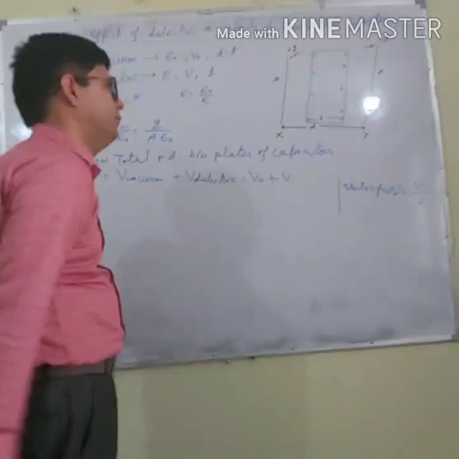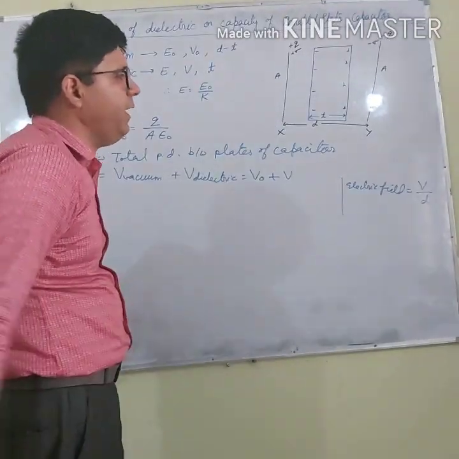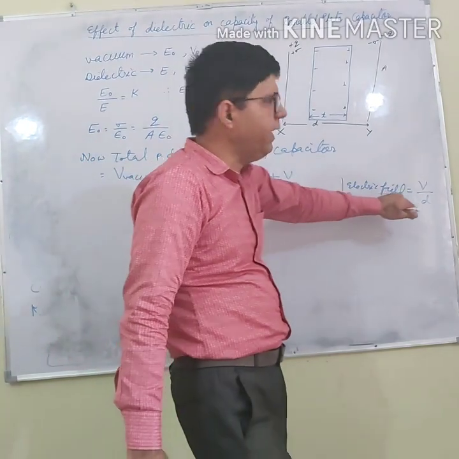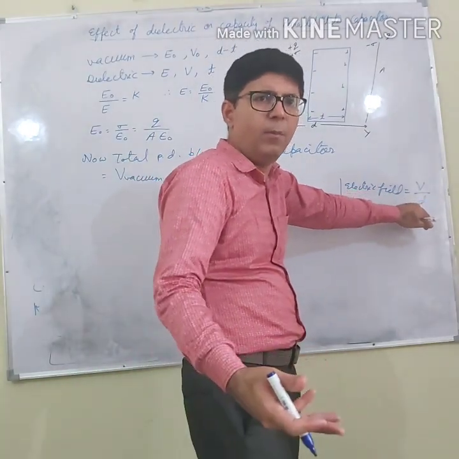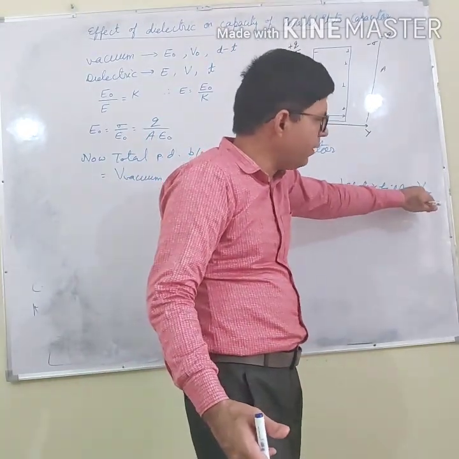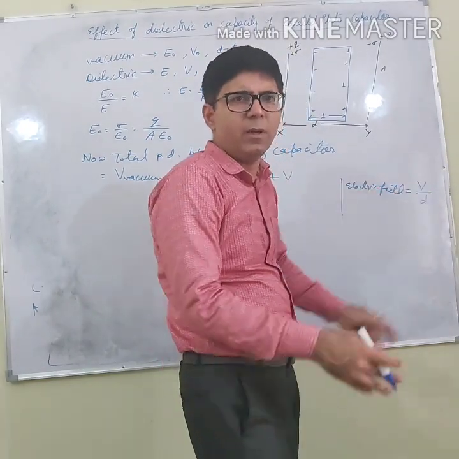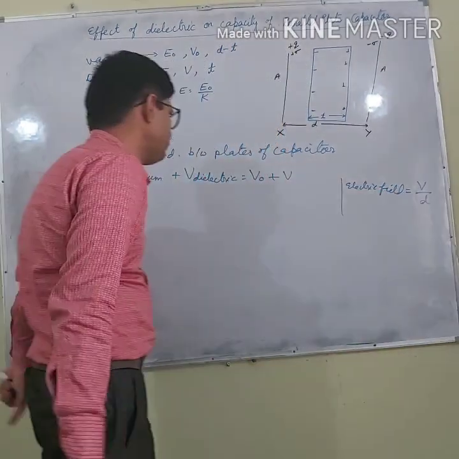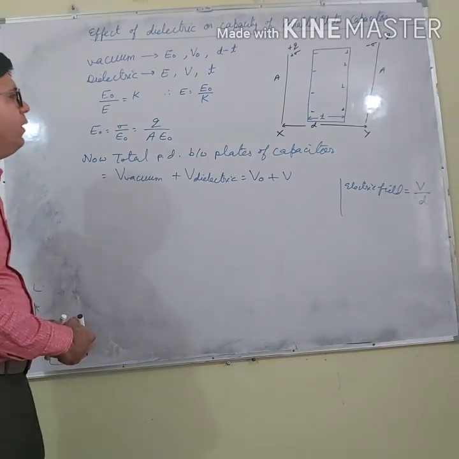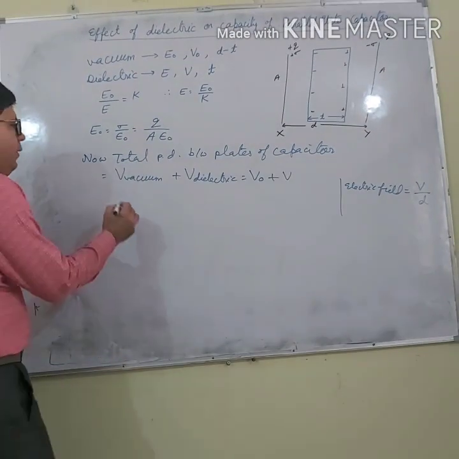This we have done. Relation between electric field and electric potential: electric field is the negative of the potential gradient. I am not using the negative sign because I am not concerned with its direction. So it equals V naught plus V.